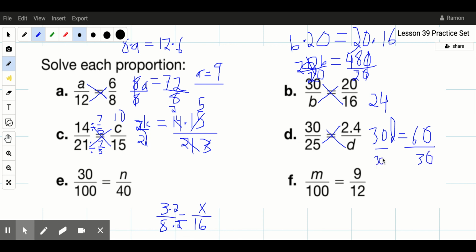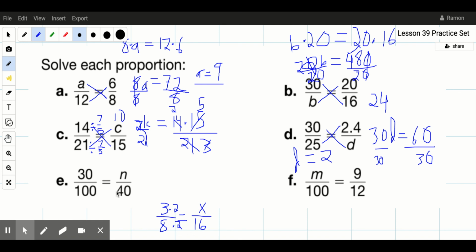And that will give you a value of 2, which checks out because our answer makes sense. 30 is larger than 25. 2.4 is larger than 2. So you could always look at how the given ratio is set up and see if that information matches what you just found.